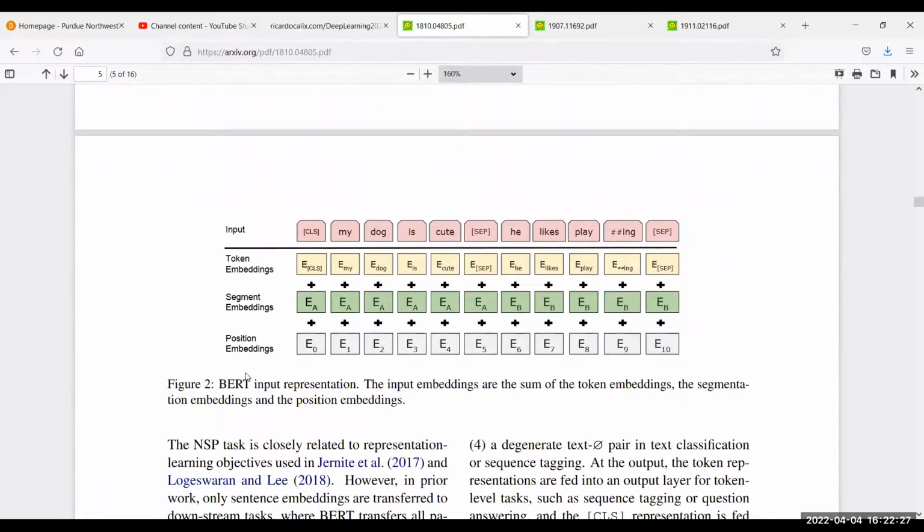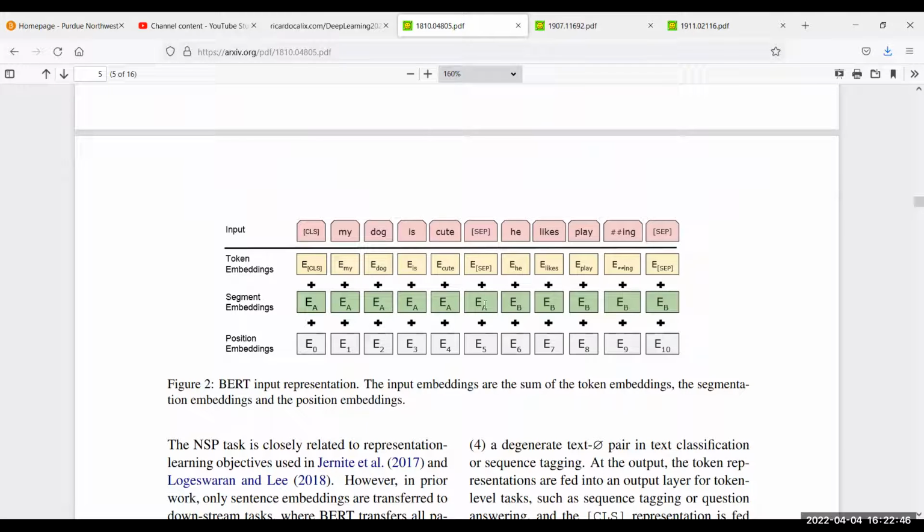Okay, you can see here, you have the inputs, the CLS tag, "my dog is cute," separator tag, "he likes playing," separator. And then you do the embeddings from a word2vec perspective. You also do a segment embedding, which you see here.